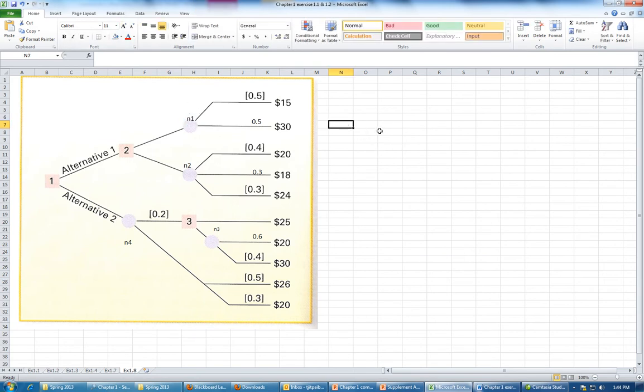For node 1, we're going to find that the payoff will be all inclusive of these two alternatives, which is going to be equal to 0.5 times 15 plus 0.5 times 30. So node number 1 has 22.5 as the outcome.